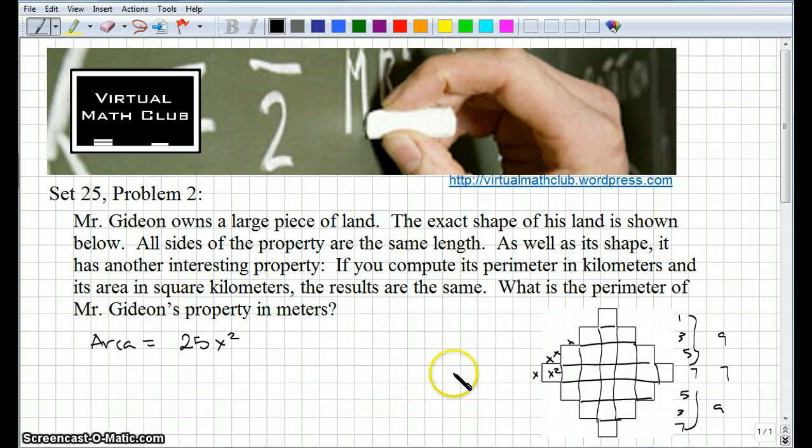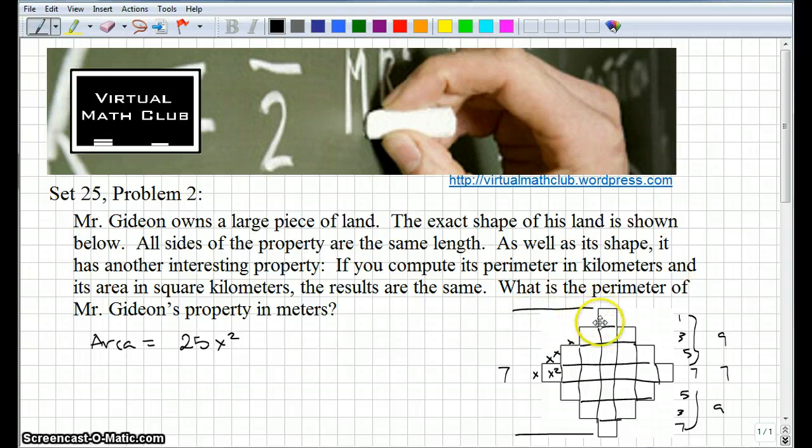Well, let's take a look at what we've got. Essentially we've got a distance here that's x plus x plus x plus x plus x plus x plus x. Did I get that right? So we have 1, 2, 3, 4, 5, 6, 7. Okay, so we have 7 lengths here.